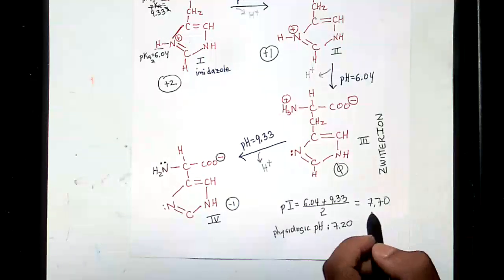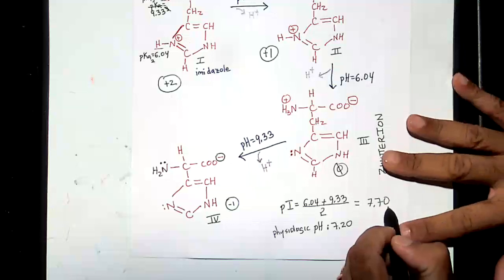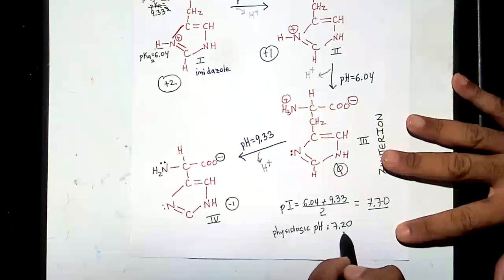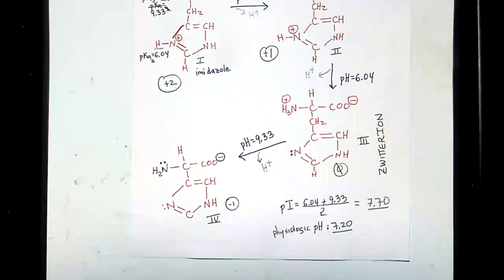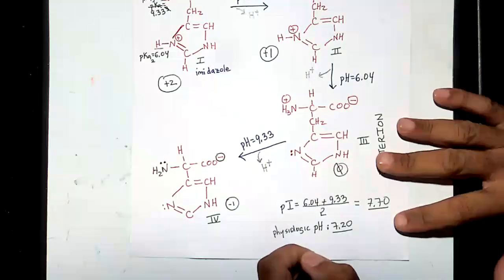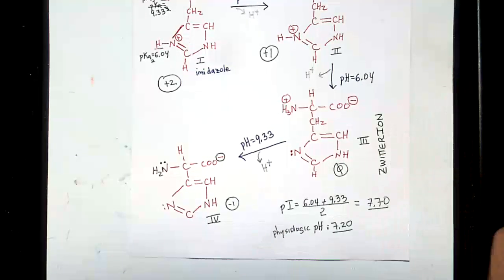So what do you notice here? This PI closely matches the pH inside our cell. What's the best buffering capacity?